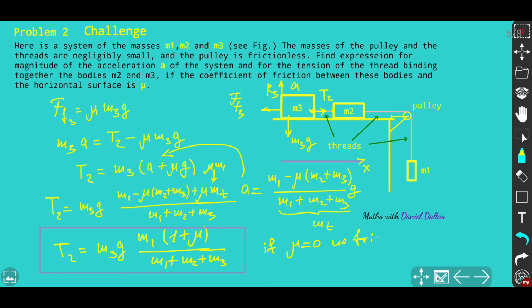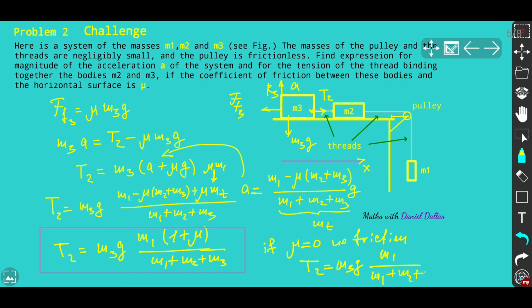T2 is going to be equal to m3g times the coefficient m1, basically the share which m1 represents in the total mass, so m1 over m1 plus m2 plus m3. So if there is no friction, that's going to be the result, and again, it's a pretty obvious outcome in that case.